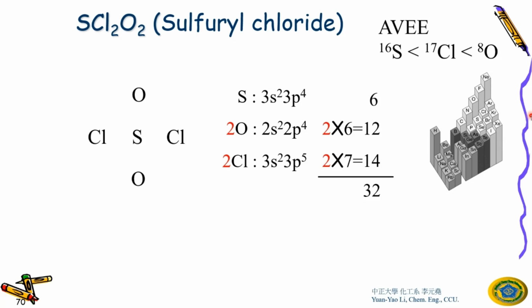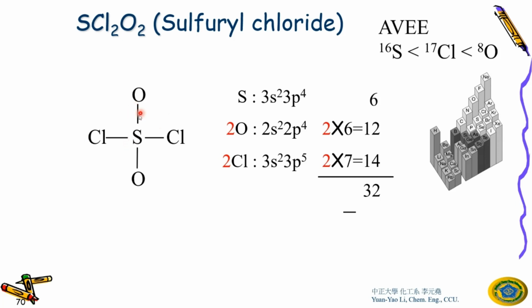Okay, step 2. Now you start to put a bar or 2 dots. Here you put a bar between atoms, right? And each bar requires 2 electrons. So this bar represents a bonding between 2 atoms.